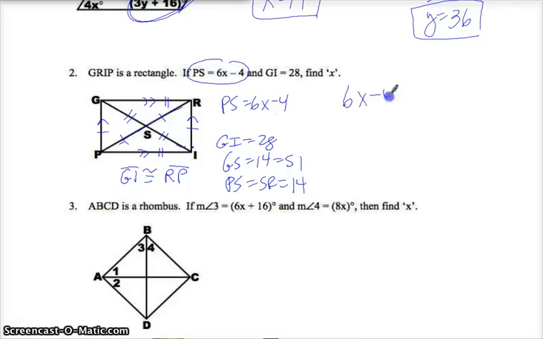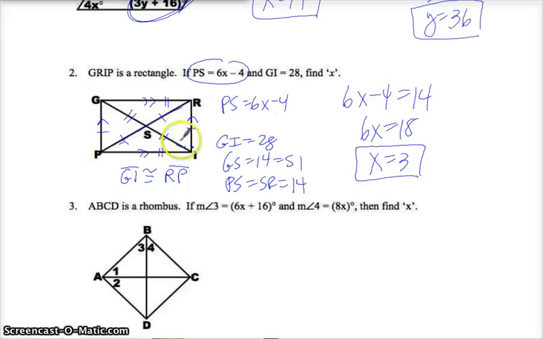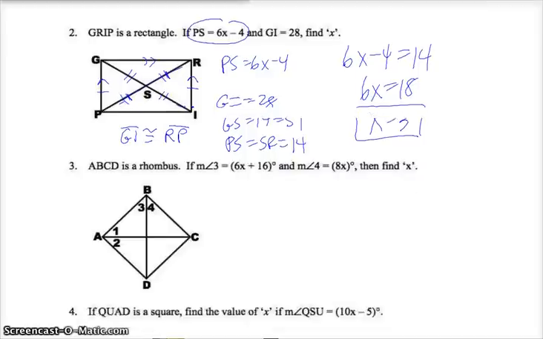Therefore, 6x minus 4 must equal 14. So 6x equals 18. Therefore, x equals 3. So if this entire length is 28, each of these are 14. And therefore, this whole thing must be 28, or we could half it, and we know that 6x minus 4 must also equal 14.